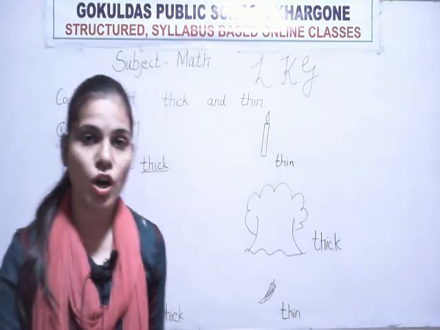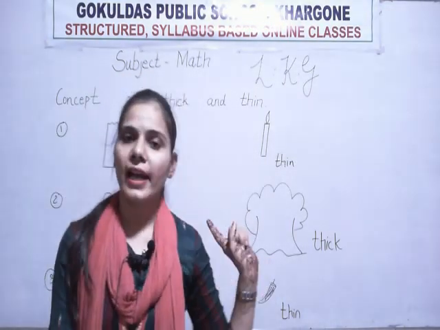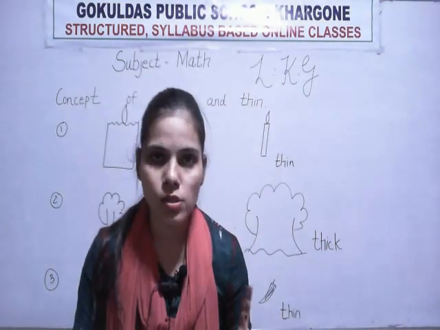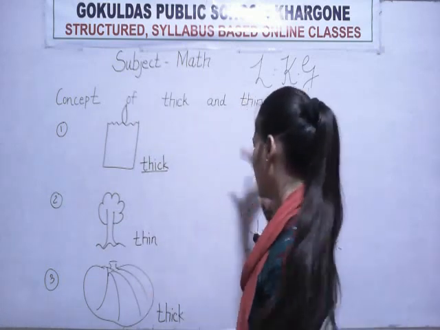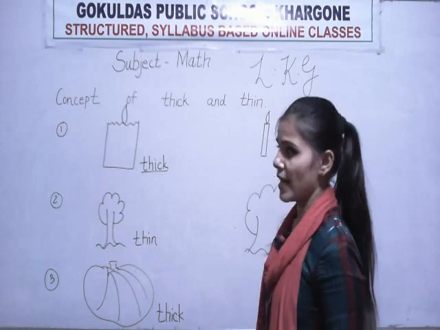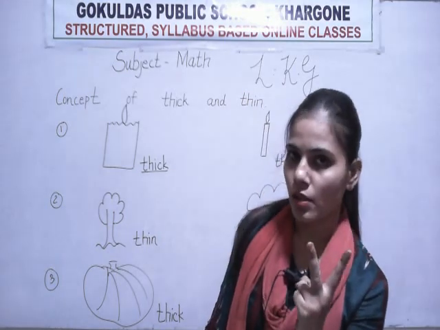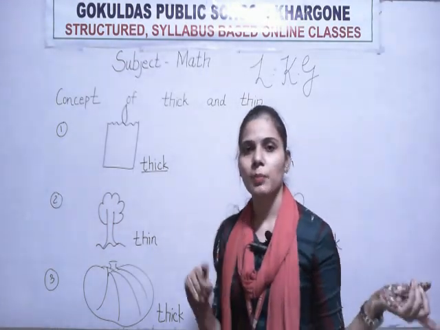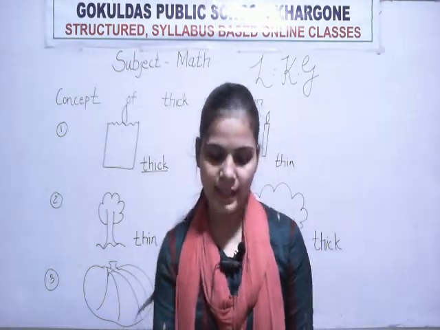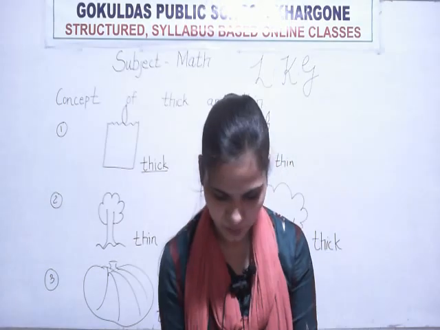So this is your homework and classwork also. On your notebook you write 2 pages. This concept you write 2 times on the 2 pages. 1 page classwork, 1 page homework, and send it to me.